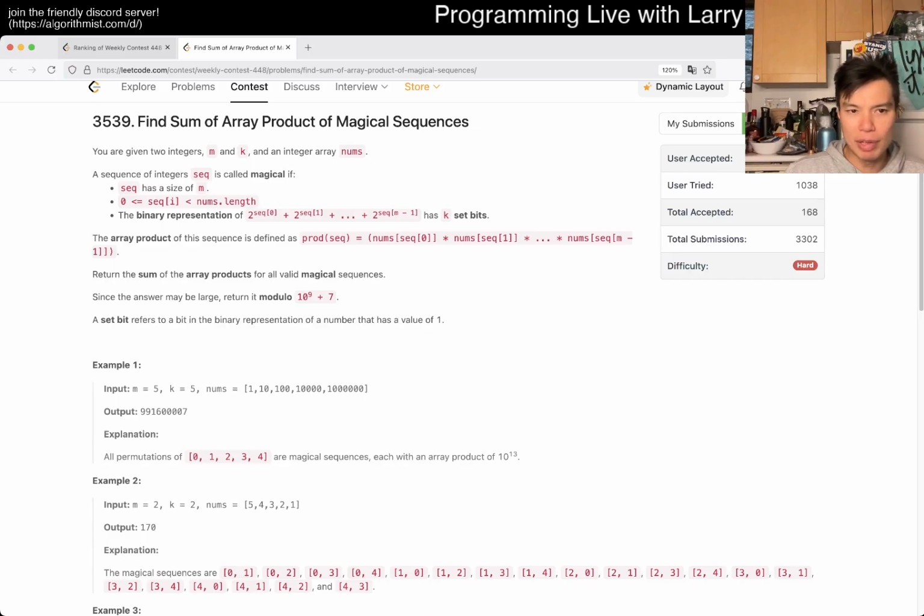Okay, fine. The array product of this is product of sequence is equal to nums sub sequence of 0. So we pick what? What's m again?